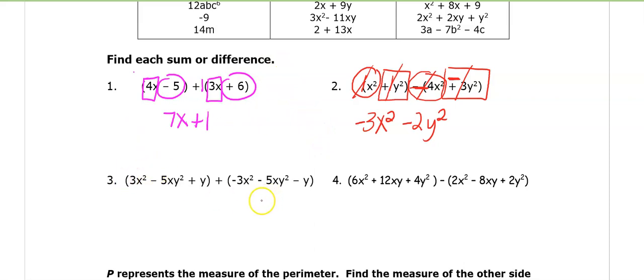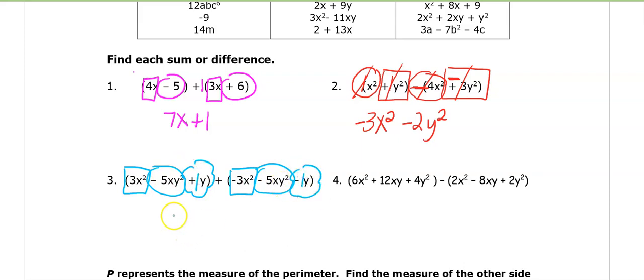I generally don't do this one in class, but we will go ahead and do it. It's a +1, so 1 times anything does not make a difference. So I'm simply going to combine like terms. I have a 3x squared minus 3x squared, xy squared, and then I have this, that's a 1, and that's a -1.